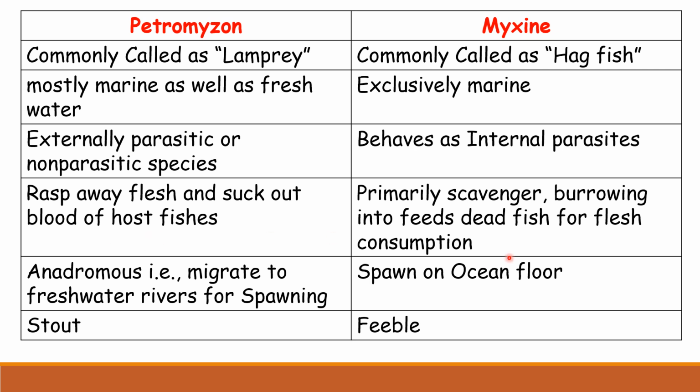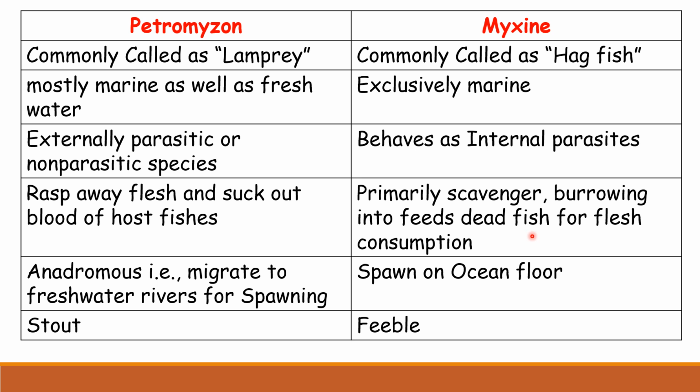On the other hand, the feeding habit of Myxine or hagfish: as we said, they behave as internal parasites. That means the Myxines act as scavengers in the oceans or seas. In their feeding mechanism, hagfishes first search for dead fishes.